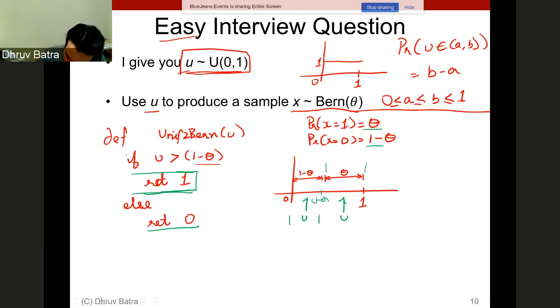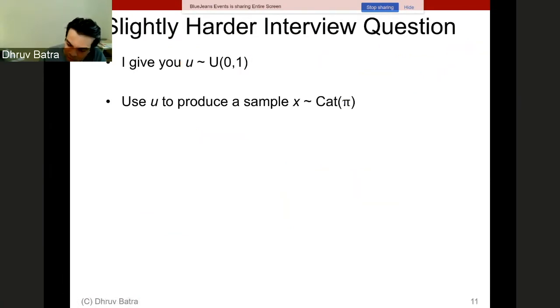Here's a slightly harder variant of that question, which is that I give you that same uniform number generator, and what I ask you now is to produce a sample from a categorical variable with some parameter pi. And remember that a categorical variable has this parameter pi_1 through pi_k. It's a k-way categorical variable.